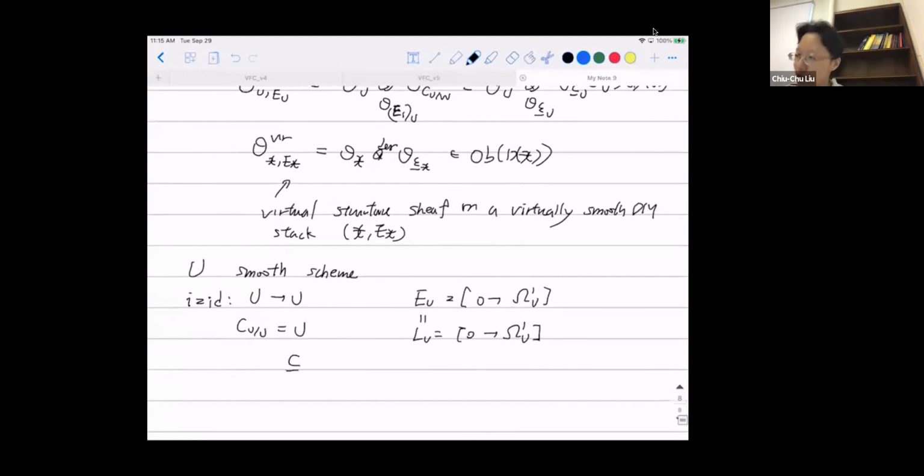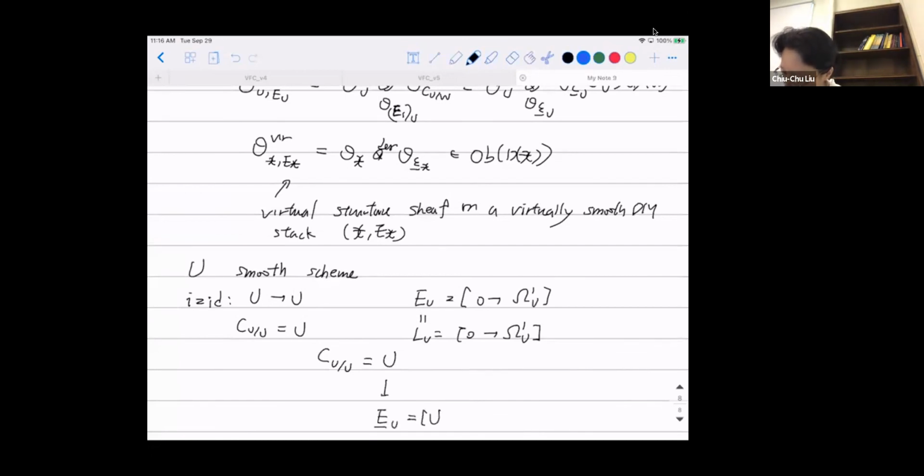This is kind of trivial, but let's just check this. So this is equal to U, and then we are going to form this cone stack.